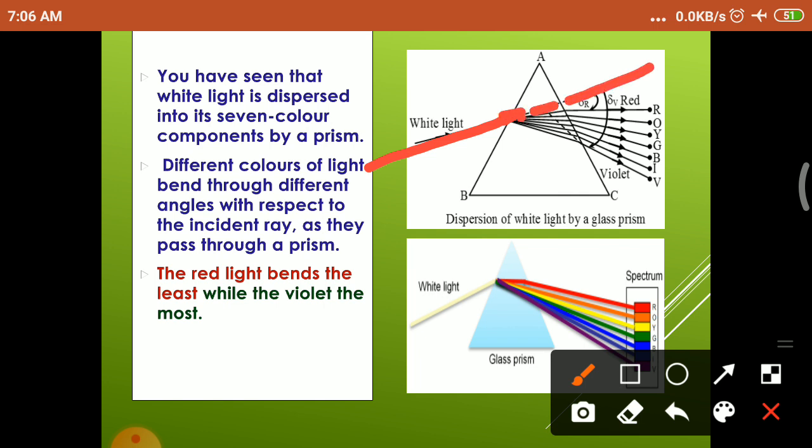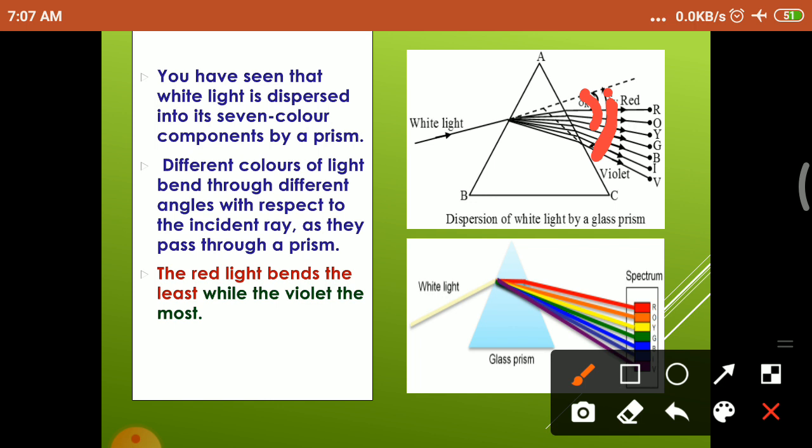This is the incident ray, and these are the 7 colors formed. And look, the angle from the incident ray to violet is more. From the incident ray to red is small. So the red light bends the least and the violet light bends the most.